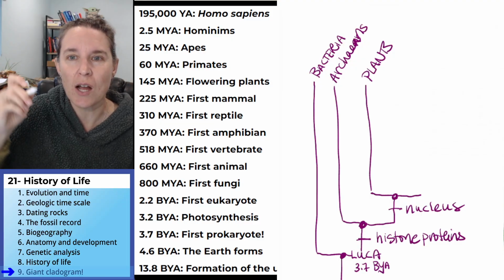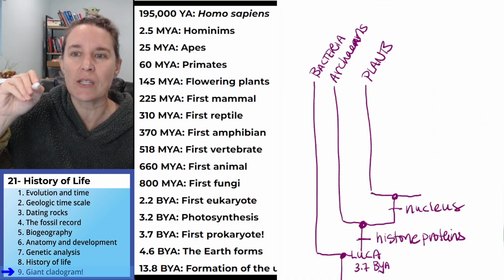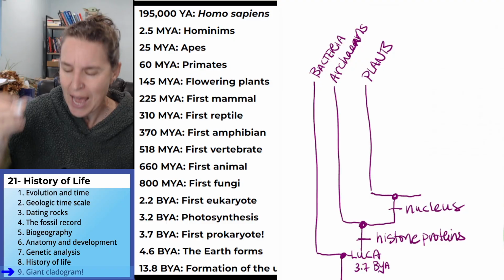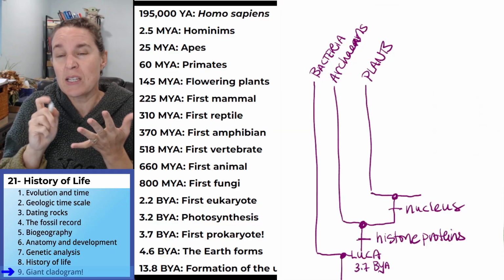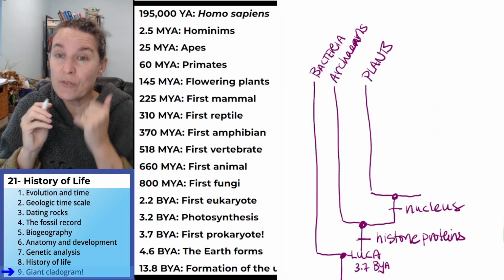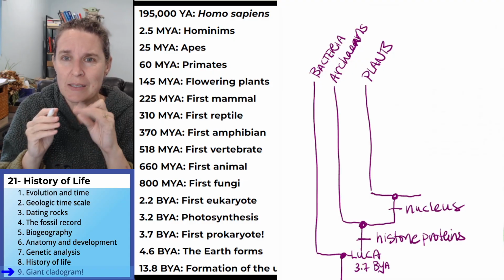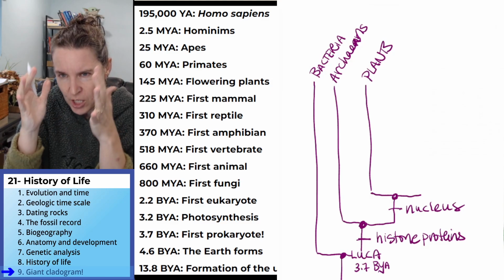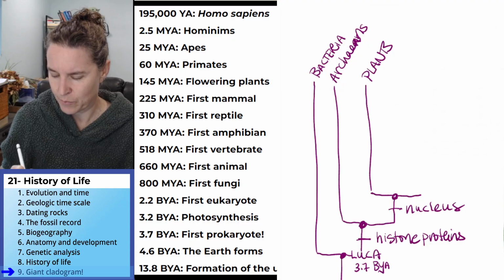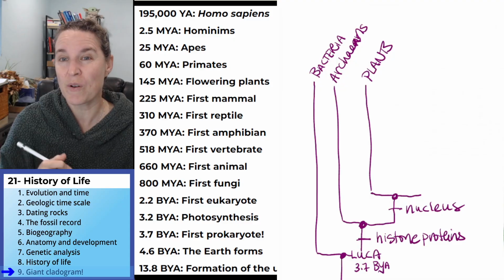And look, we talked about flowering plants 145 million years ago. I guess we can just say plants because that ultimately will include flowering plants. It will also include ferns and land plants and mosses and other things. We'll flesh out that particular branch and bring in more things.